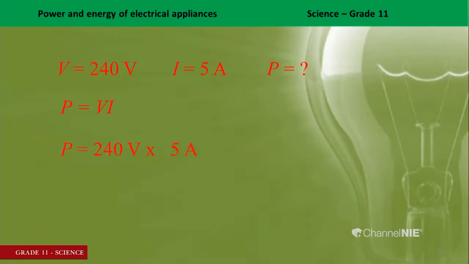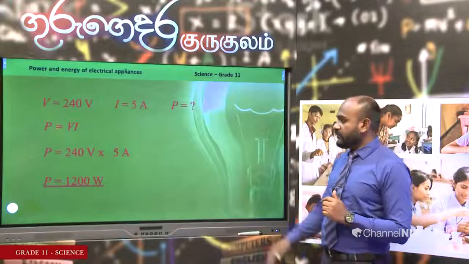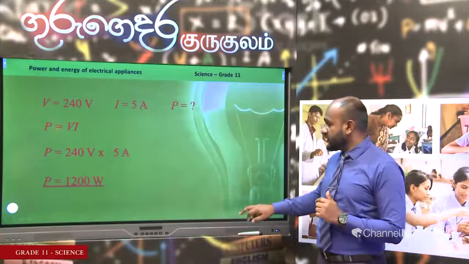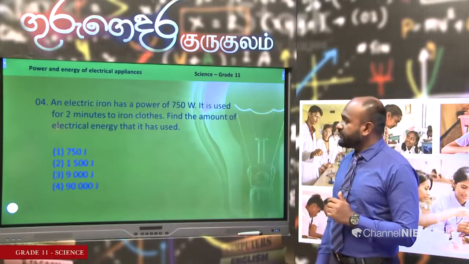We substitute the values. Voltage is 240 volt, current is 5 amperes. So, as we multiply, we get 1200 watts. Again, think of the unit of the answer. Power should be in watts. Go to the next question now.